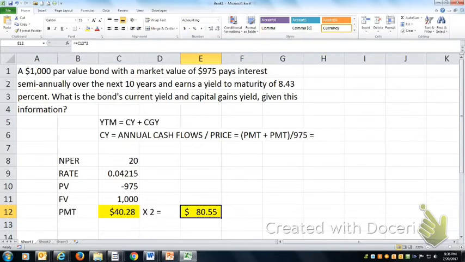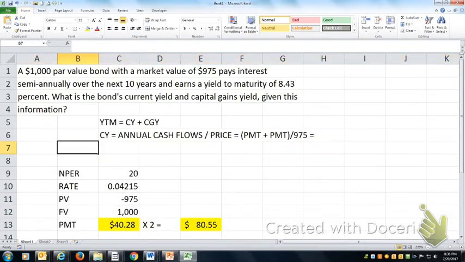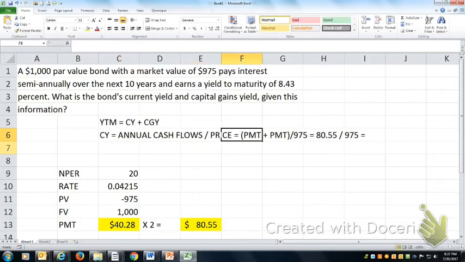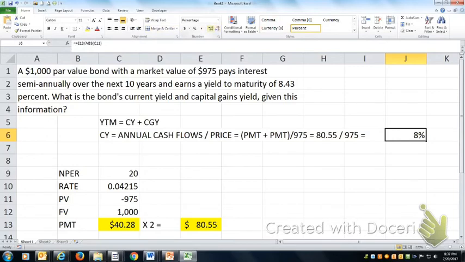Alright, and so the current yield is $80.55 divided by $975, which is that divided by the absolute value of that. So the current yield is 8.26%.